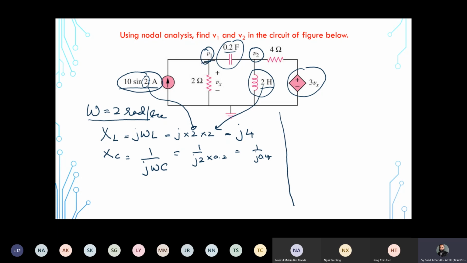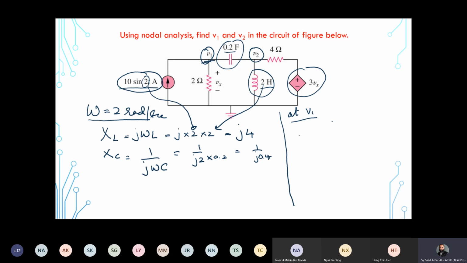So at V1, we'll have V1 minus, actually we should also be converting the sine wave into the frequency domain. Let me just write it out like this: 10 sin 2t upon, oh, this is the current source, I'm sorry, I have to use the eraser. Okay, 10.